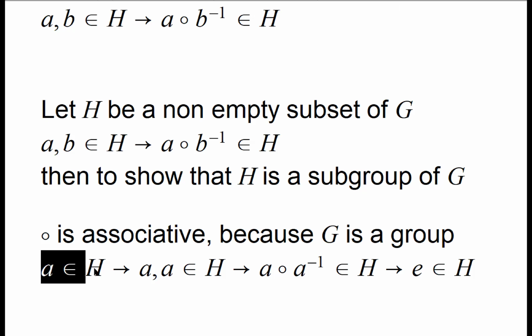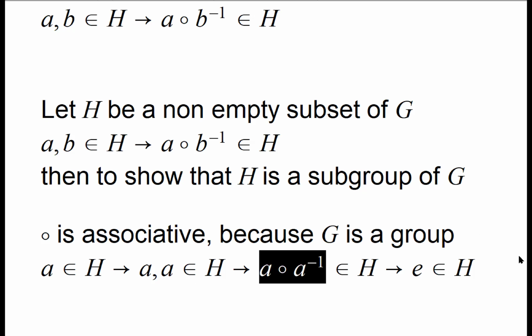Now we have to show this. We showed that A A inverse is in there, but the product being in a set doesn't mean that the factors will be in there as well. So now we have to show that A inverse is in there as well.